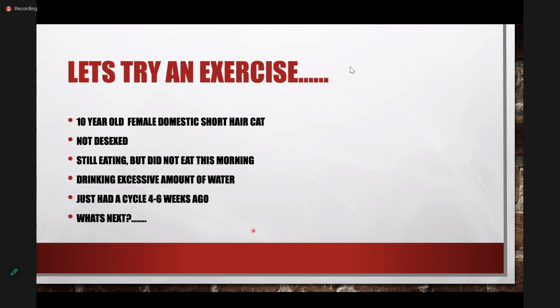You've already said it. Someone said, sorry, diabetes po, Doc. Yeah, diabetes can increase it. So if you see this cat in your consult and you start thinking, oh, this is diabetes, then you've already made the mistake diagnosing the cat, right?